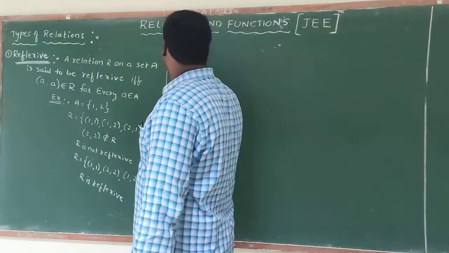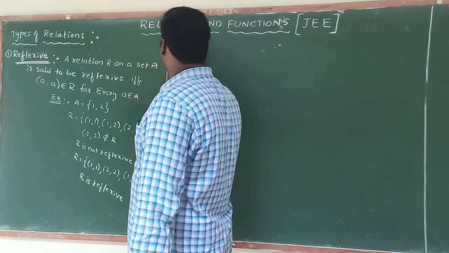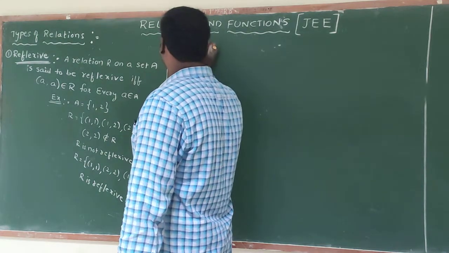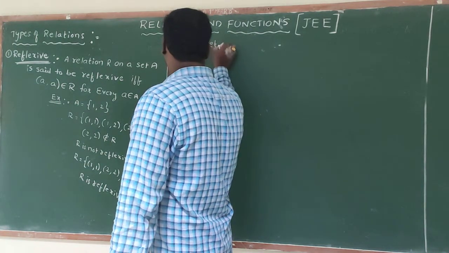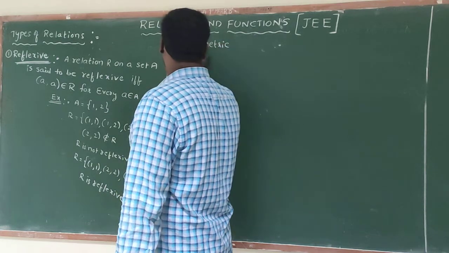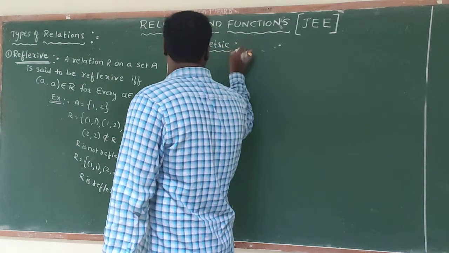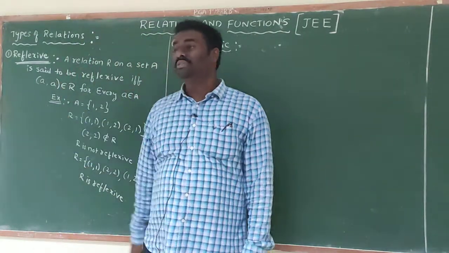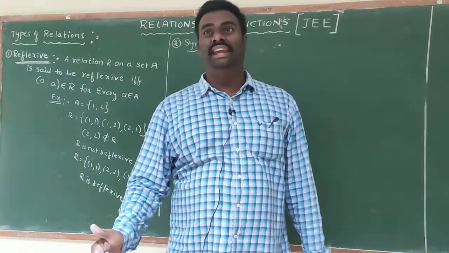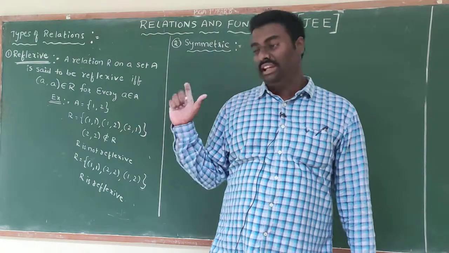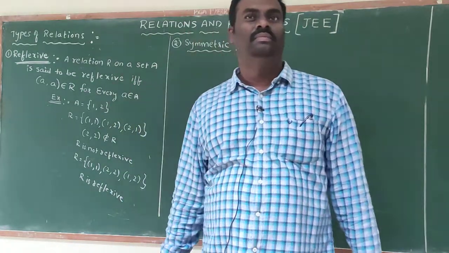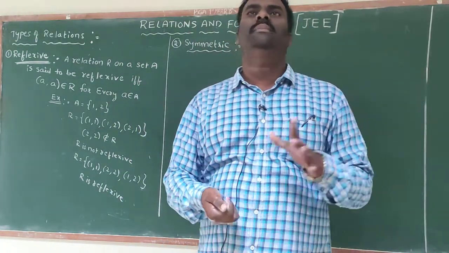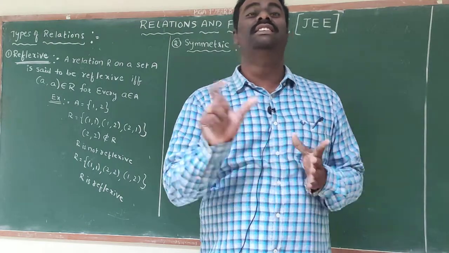Now coming to the second one, that is symmetric. What is meant by symmetric relation? Okay, this reflexive relation we can take not only numbers, we can take human relation. For example, if I am taking the relation is sister.